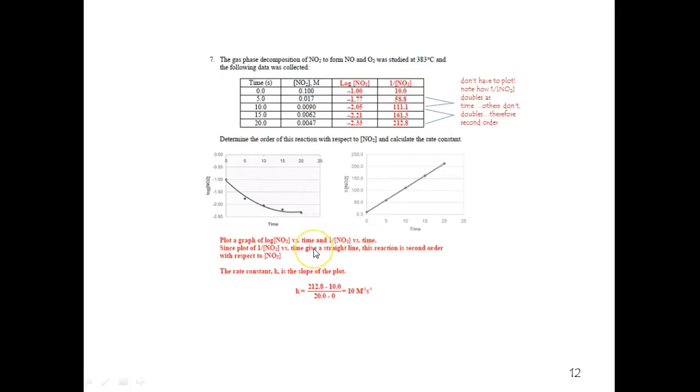Therefore, the reaction is second order with respect to nitrogen dioxide. The slope of this line has been determined either mathematically or by hand, and it is about 10. And so that's how we determine the rate order and the rate constant.